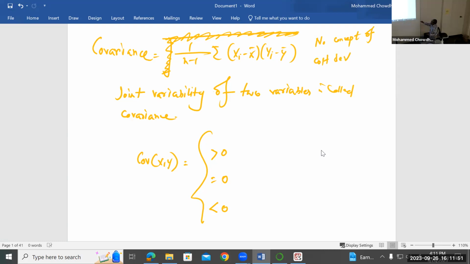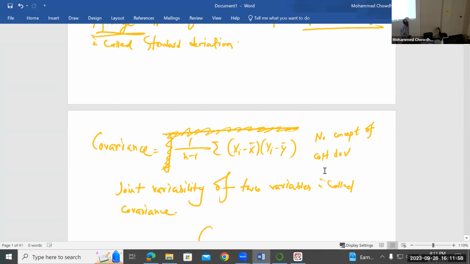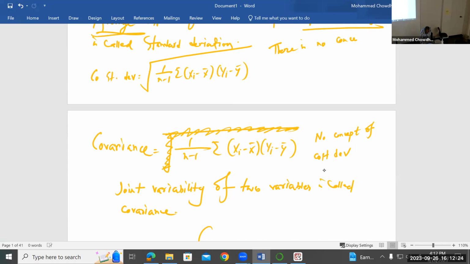If there were a co-standard deviation with a square root, then the problem would be, can anyone tell me what the problem would be? If one factor becomes negative and the other positive, then negative times positive equals negative, and under the square root there is a negative.